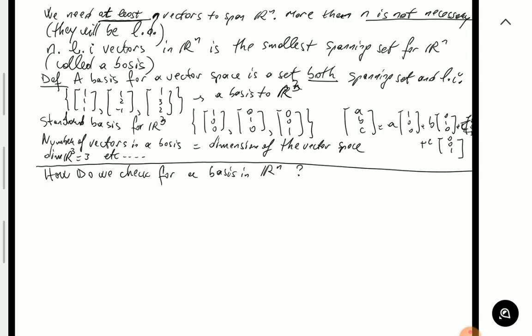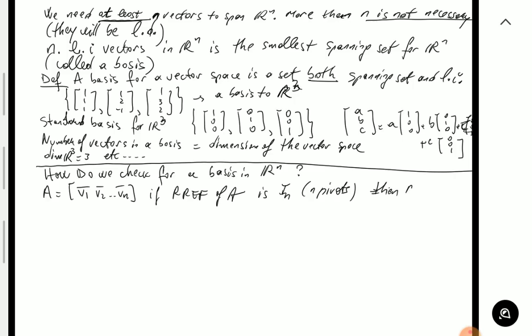From a practical standpoint, that means the system formed with the matrix made of these columns should have a unique solution. In other words, if we form a matrix A with the columns given by these vectors, and the row reduced echelon form of A is the identity matrix, that means n pivots, then they form a basis.